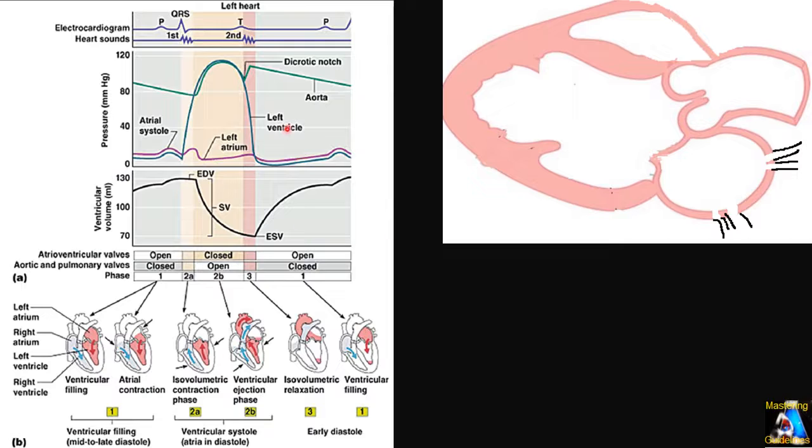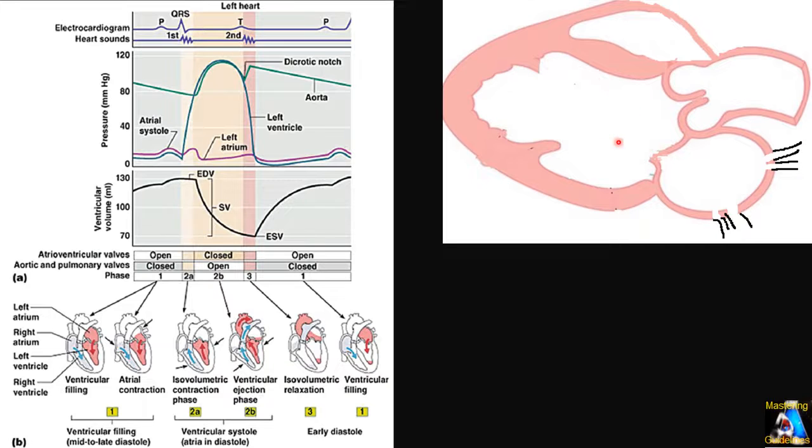I will show you shortly. When the contractility of the left atrium finishes, at the end of the P wave the pressure becomes equal between those two, and the mitral valve starts closing.